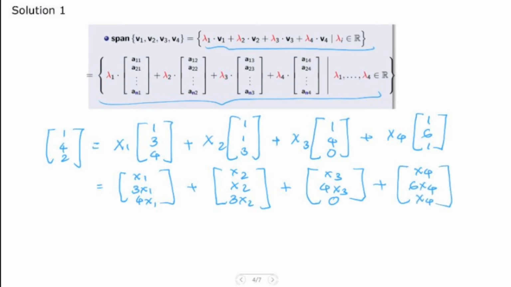And now if you add them all, it looks like this.